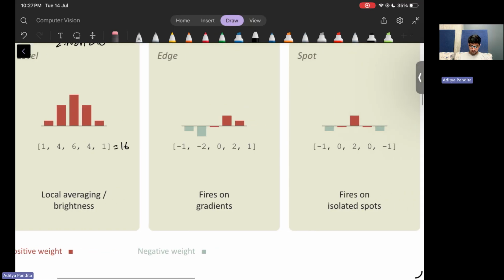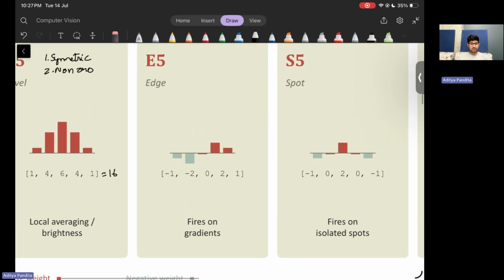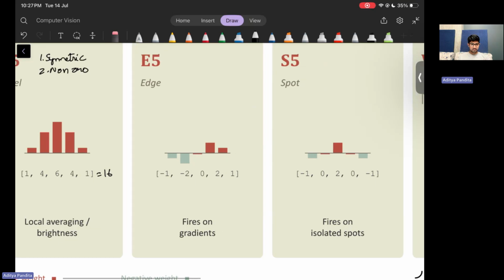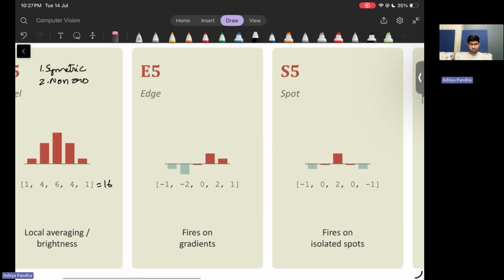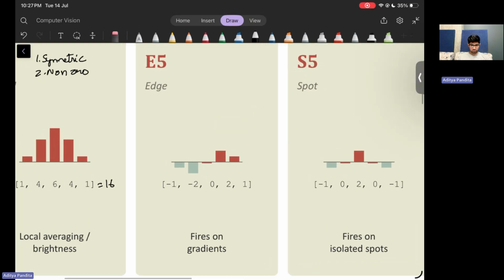Next one we have is E5, that is edge. The values here are -1, -2, 0, 2, and 1. From the shape of it, the first half is the opposite of the second half, and it totals to 0. What that means is it responds to non-flat patches.